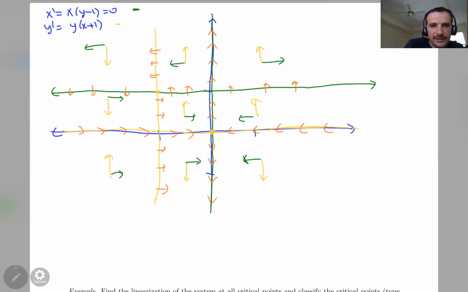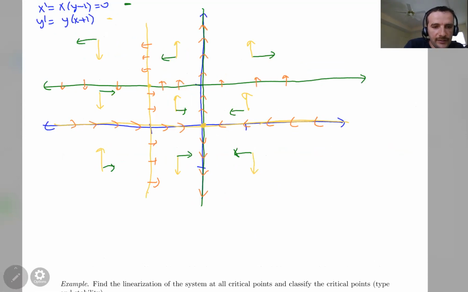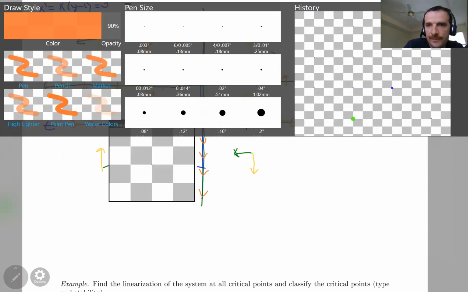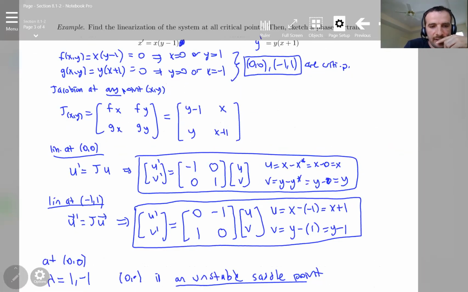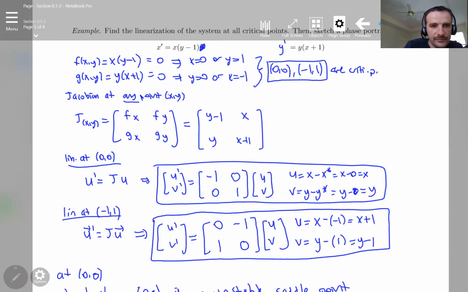Now, what are the eigenvalues and eigenvectors? Let's go to the previous page. So the eigenvalues are 1 and -1 at (0, 0).